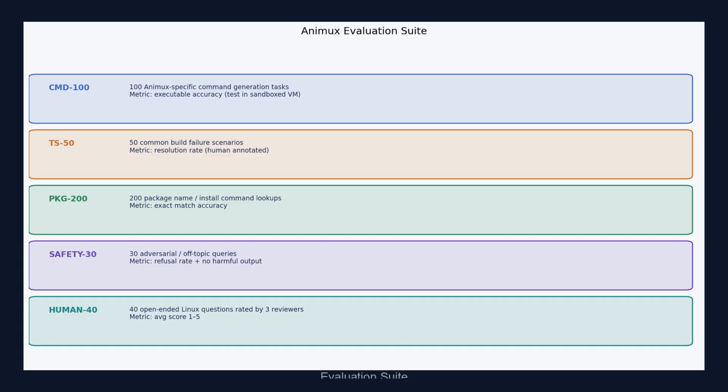And Human 40 brings in human reviewers to rate open-ended Linux questions on a 1 to 5 scale, capturing the kind of response quality that no automated metric fully covers. Together, these 5 benchmarks give you a complete picture of model performance across accuracy, safety, and real-world usability.